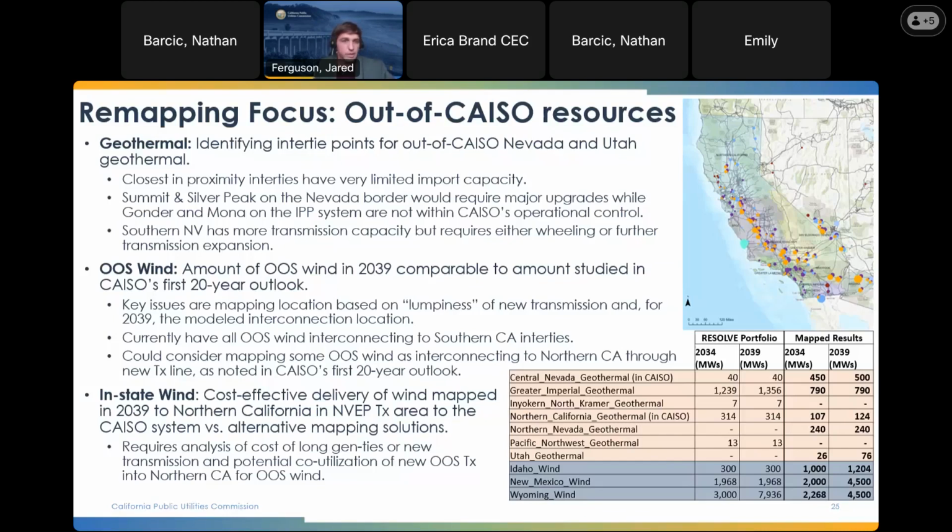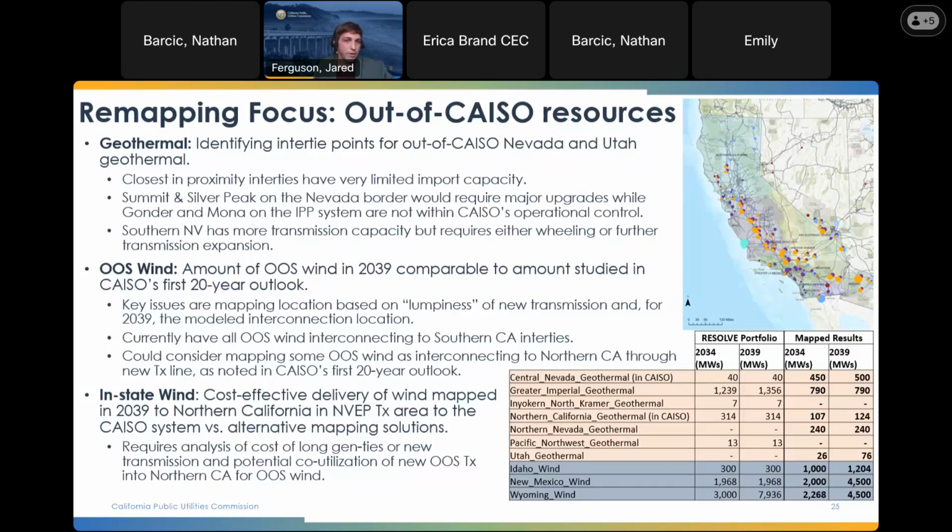And then lastly, back to the in-state wind, we're looking at mapping some of that in-state wind to the eastern side of the Sierras, where we do see commercial interest in the Nevada Energy queue.